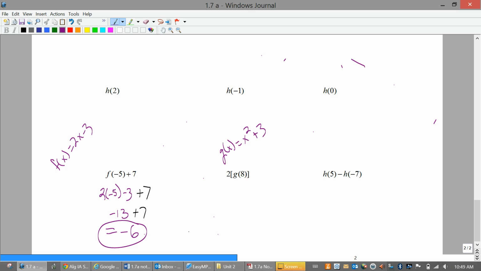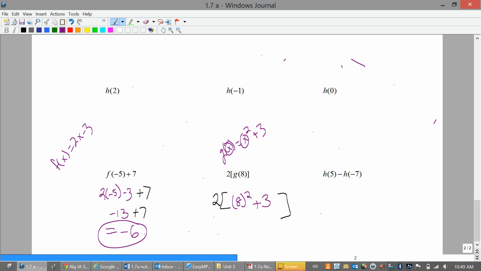But in this one in particular, we're going to first figure out what machine G does to 8, and then at the end we're going to multiply it by 2. Okay, so at the end, we're going to end up multiplying it by 2, but function machine G is going to take 8, so we're going to replace x with 8. Okay, with me on that?